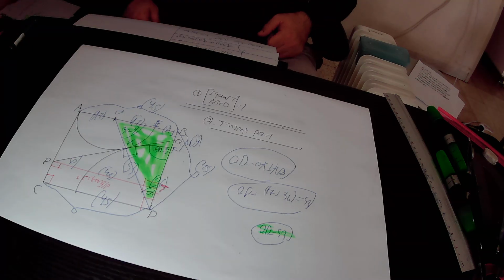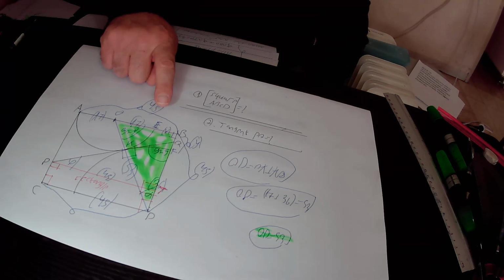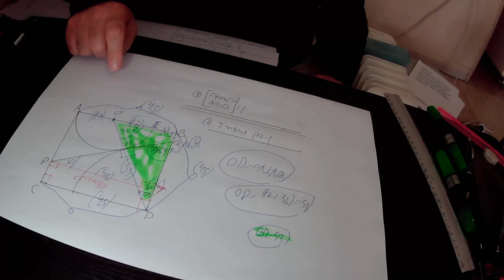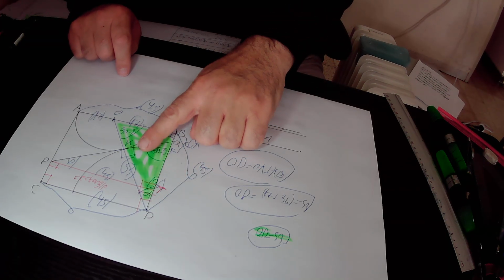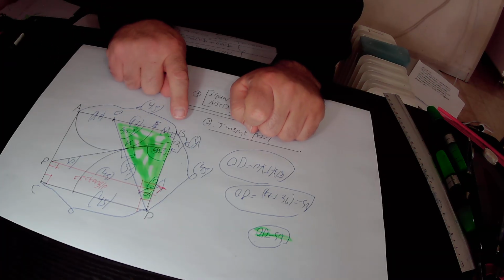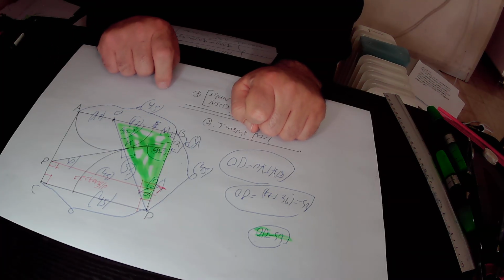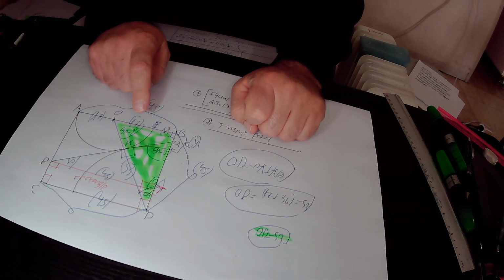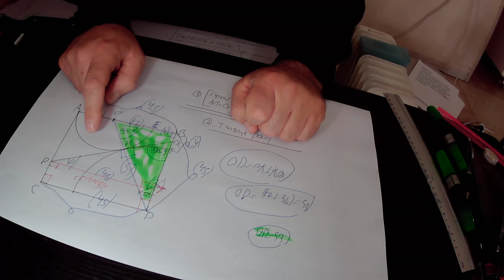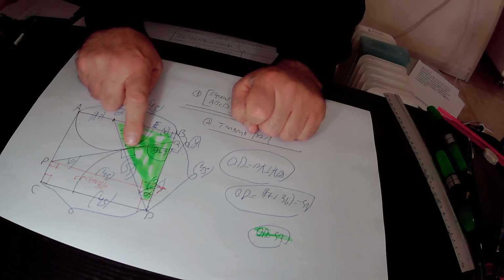We have the radius of the quarter circle down to point K. This is the point of tangency of tangent PQ with this quarter circle. Whenever you have a radius drawn to the point of tangency, the tangent PQ is perpendicular to the radius KD. PQ is perpendicular to KD. This angle equals 90 degrees, and this angle also equals 90 degrees.